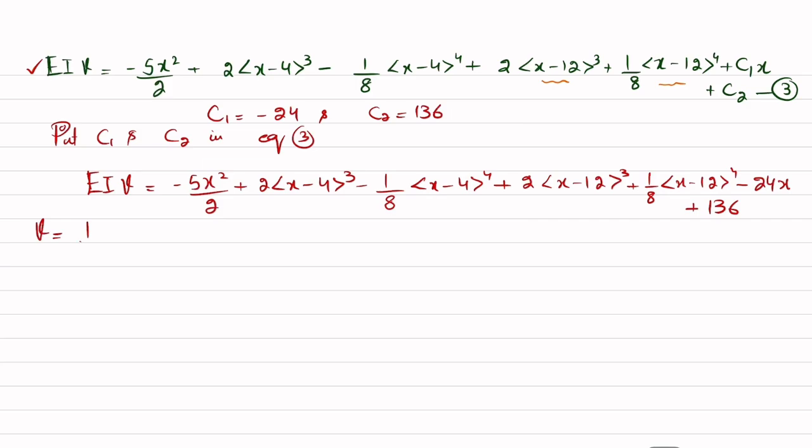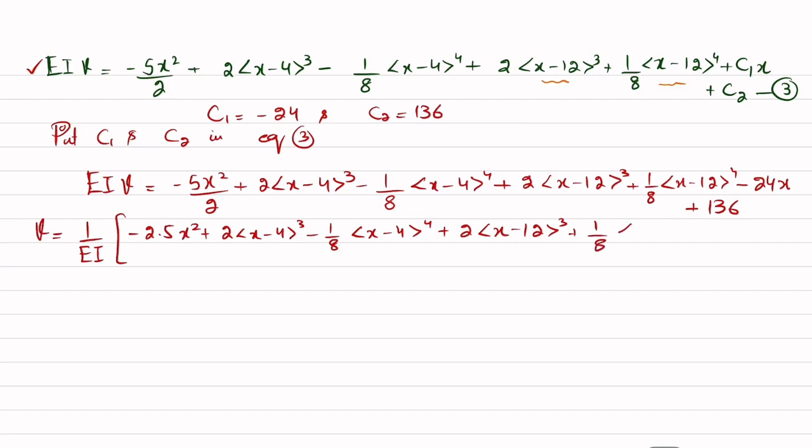Our equation of deflection comes out to be 1 over EI into minus 5 over 2, which is 2.5, minus 2.5x square plus 2 into x minus 4 power 3 minus 1 over 8 into x minus 4 power 4 plus 2 into x minus 12 whole cube plus 1 over 8 into x minus 12 power 4 minus 24x plus 136.